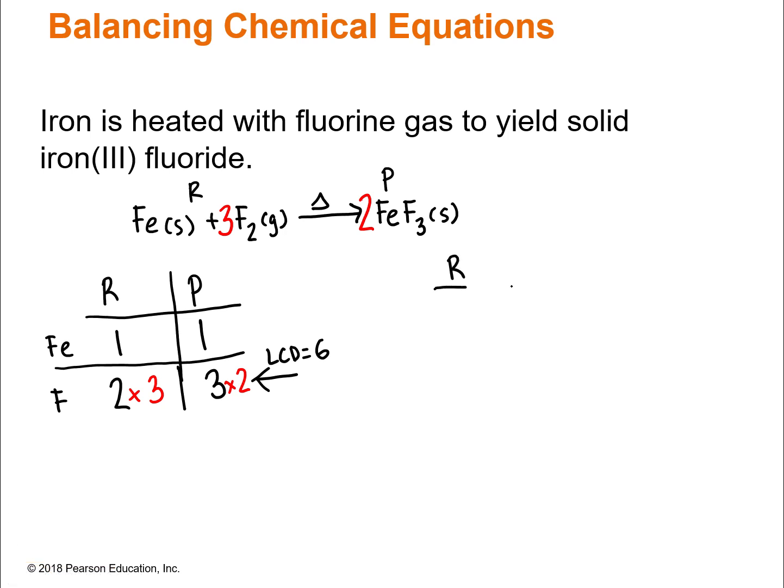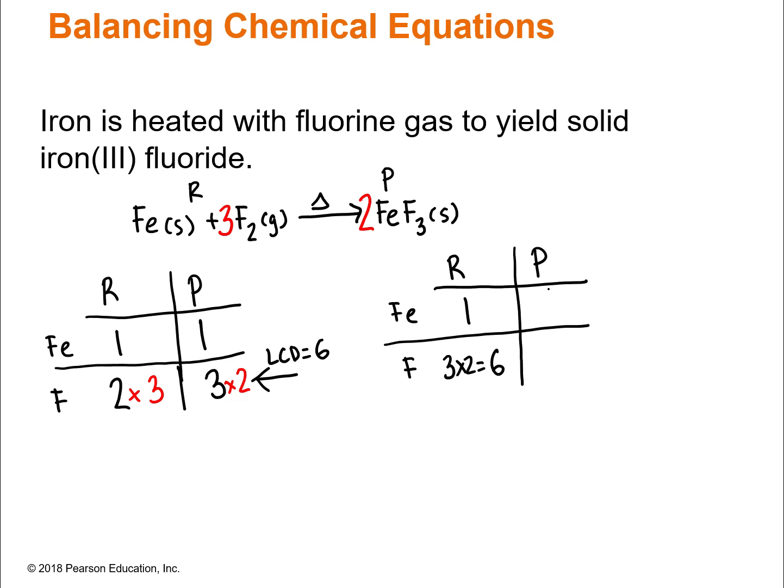Now we check it again. On the reactant side, we haven't touched the iron, so there's still 1. But now we've got 3 times 2 equals 6 fluorine atoms because of that coefficient of 3 and the subscript of 2.